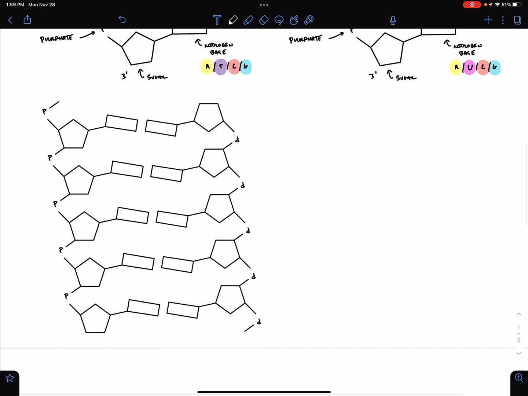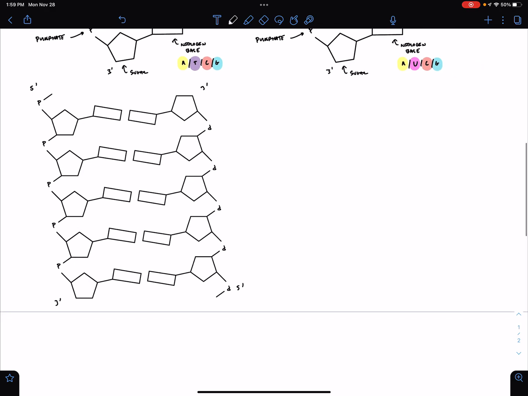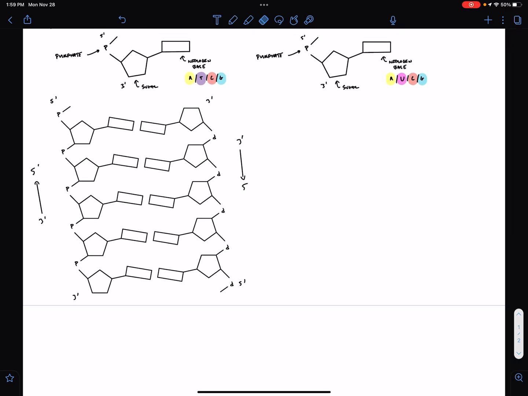This is the 5' end of this side and the 3' end of this side, and this is the 3' end of this side and the 5' end of this side. So we call these 2 strands anti-parallel because this one is running 3 to 5 in this direction, and this one is running 3 to 5 in this direction. I remember that Maggie was unhappy with this name, but this is the name we have. The DNA strands are anti-parallel to one another.